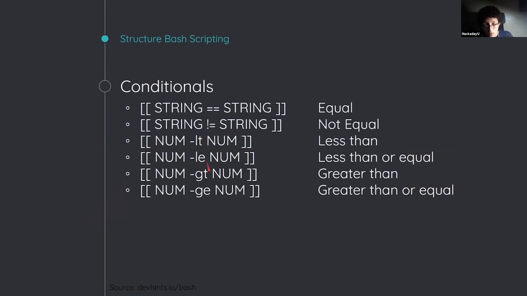So you can compare on these conditionals. You can use equal to test if those two strings are equal. These two strings can be variables where you have stored values.